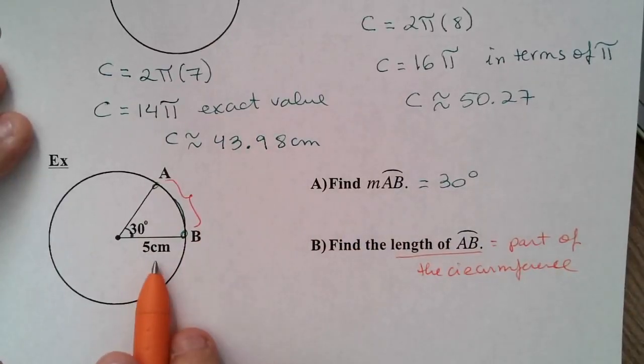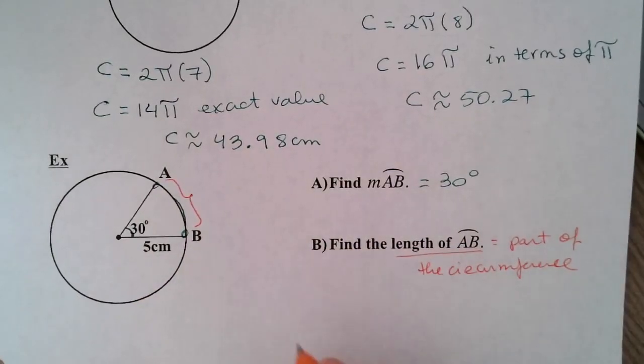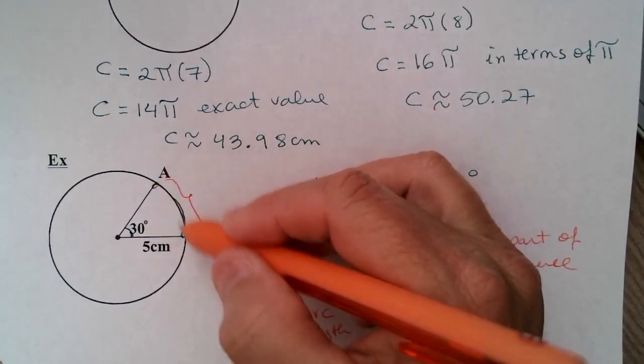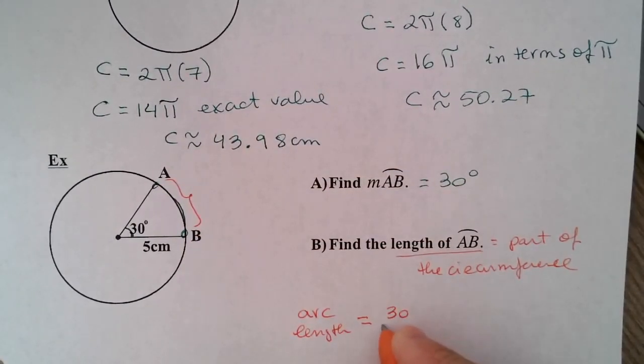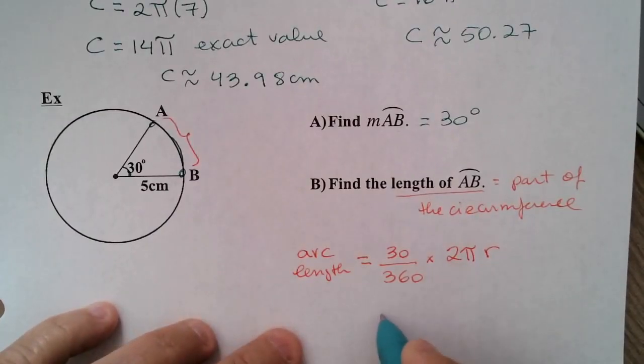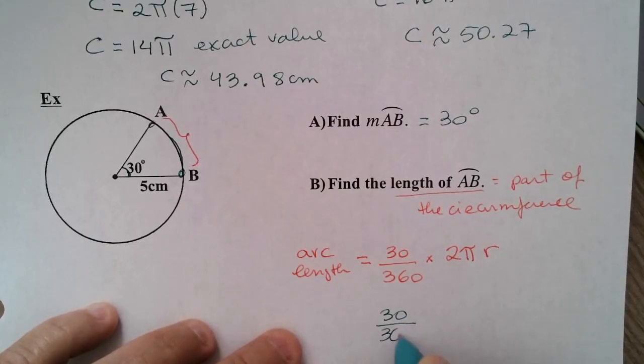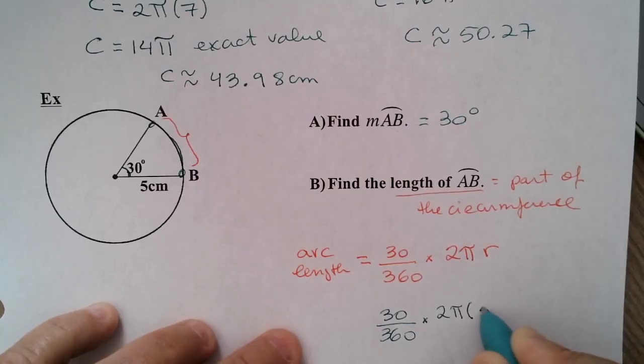So we use the formula arc length equals the part that we're looking for, so that's 30 over 360, times the circumference, 2 pi r. In this case, r is 5. So it's 30 over 360 times 2 pi, r is 5.